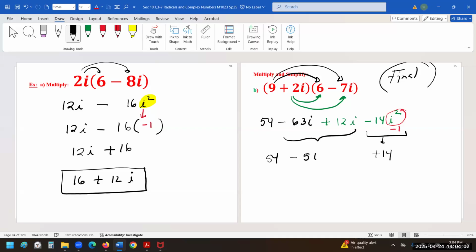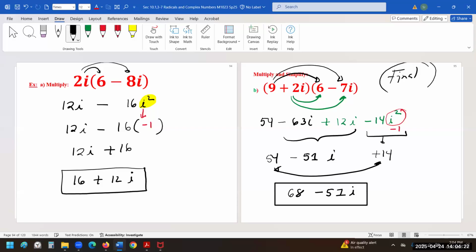So negative 51i. Do you have more terms to combine? 54 and 14. So what do you have? 68 minus 51i. It's simple, not bad, just like the variable ones.